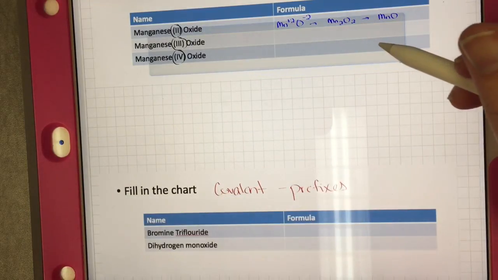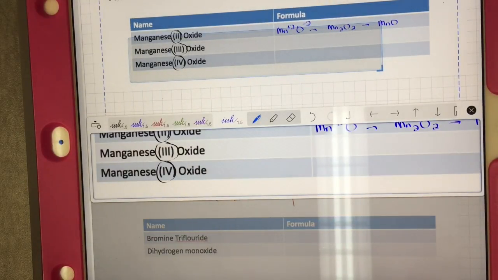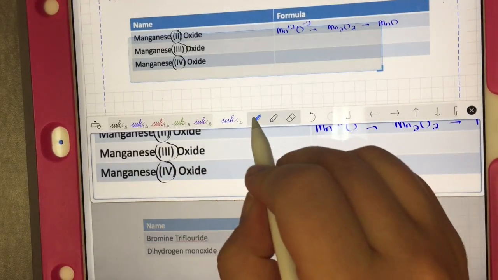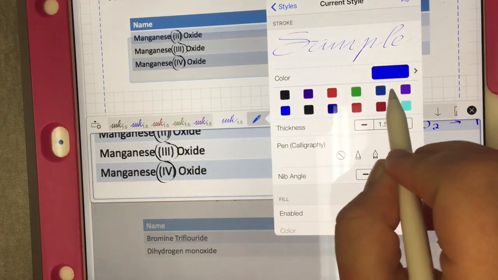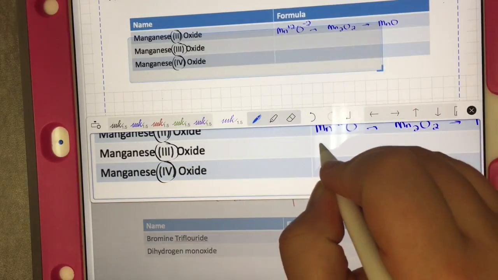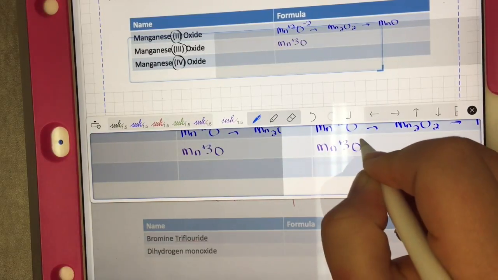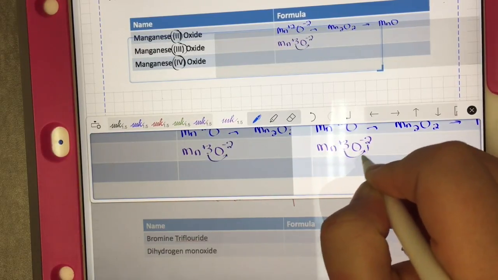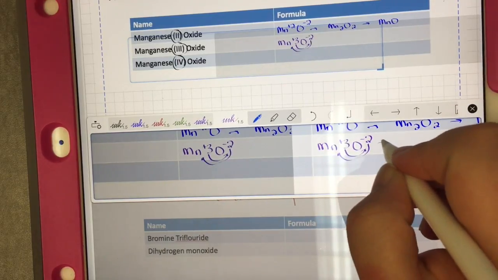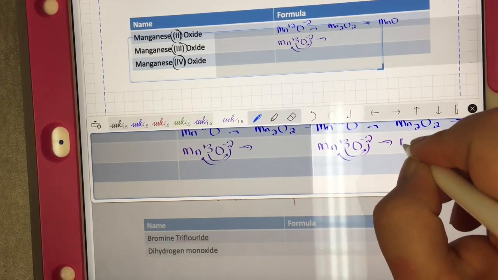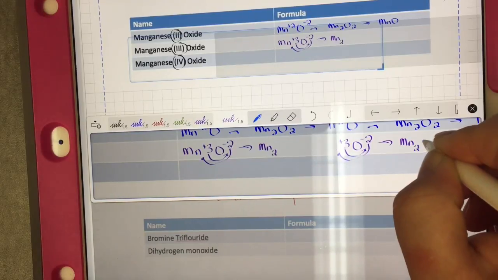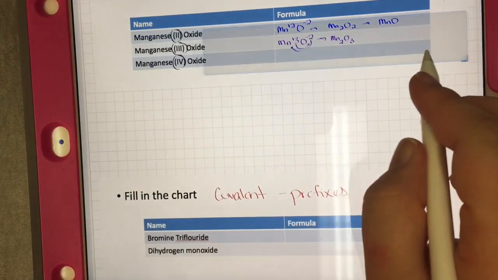Now we're going to have manganese 3 oxide. This time it's +3. Oxygen is -2. We're going to cross our charges, and we're going to get Mn2O3.